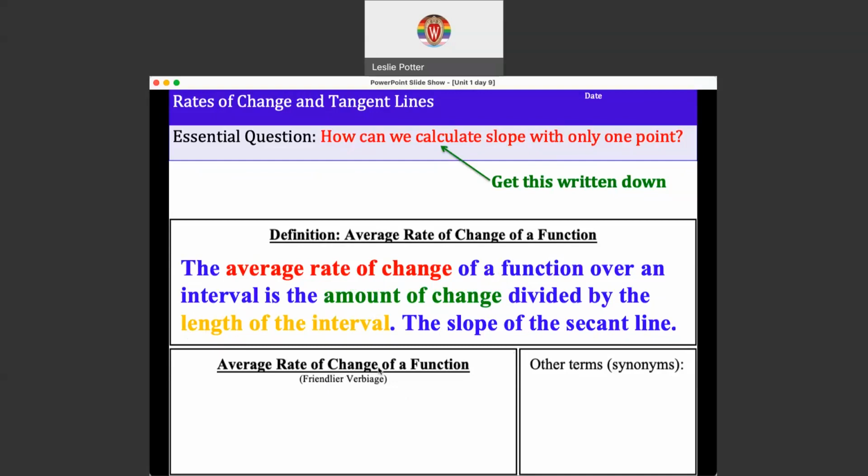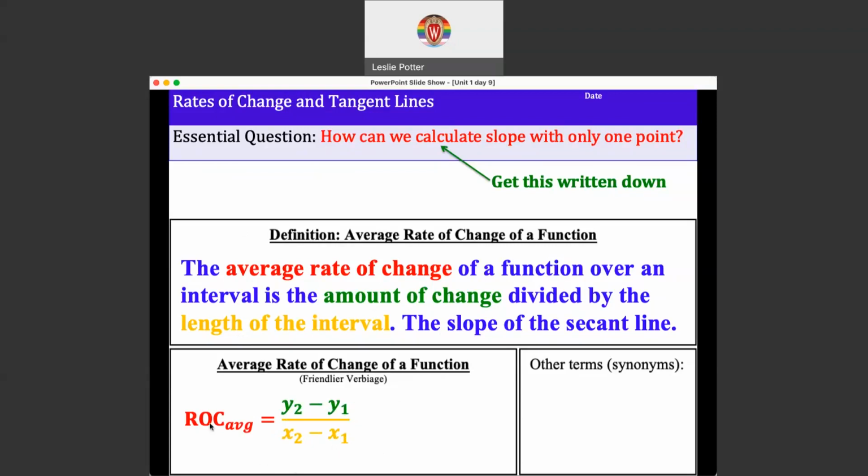So the average rate of change of a function, here's the definition. The friendlier equation is y2 minus y1 over x2 minus x1. Notice the color coding I'm doing here: the amount of change is the y values of the function, and the length of the interval is the x value, or the domain of the function.